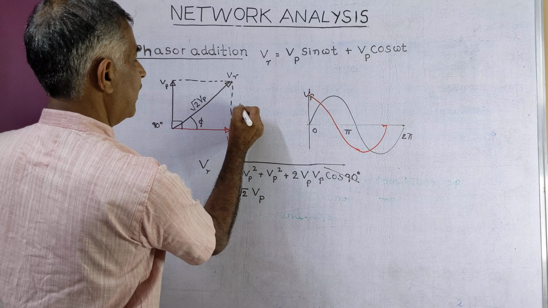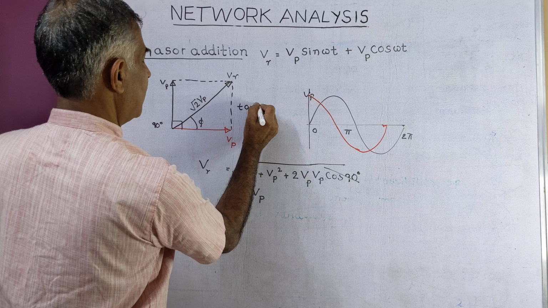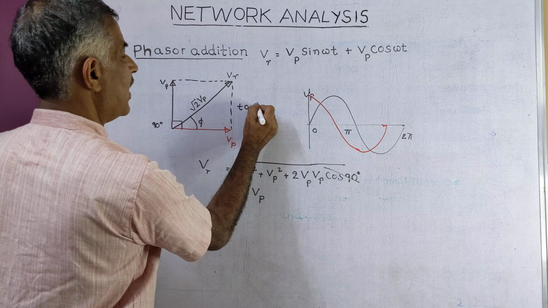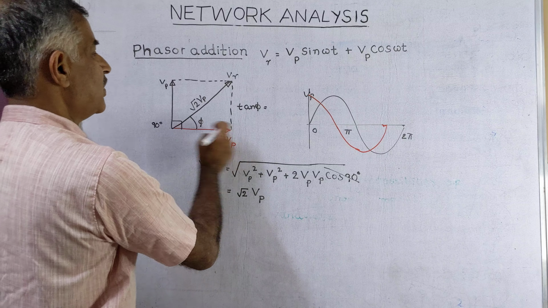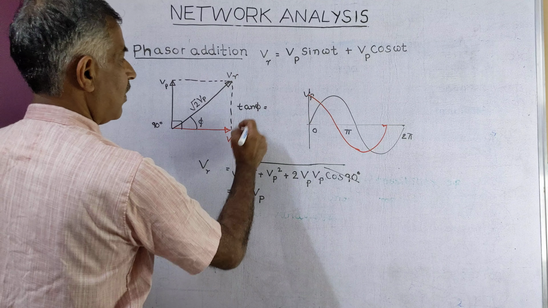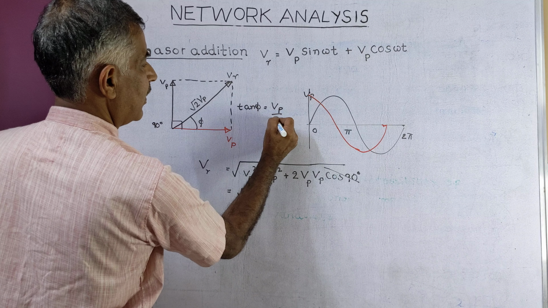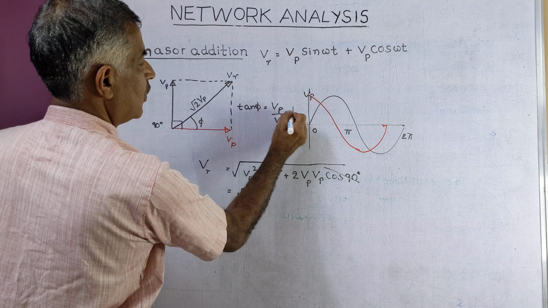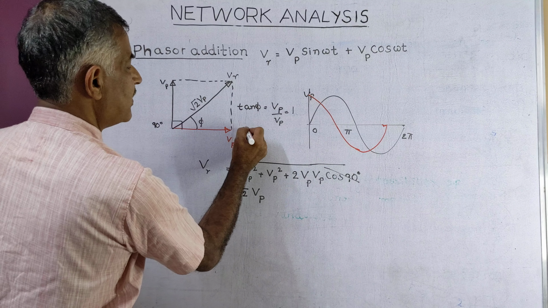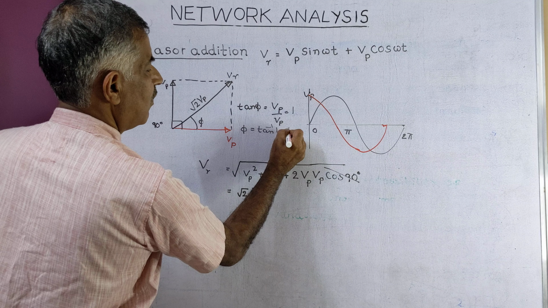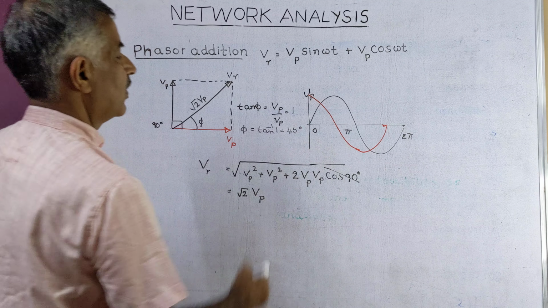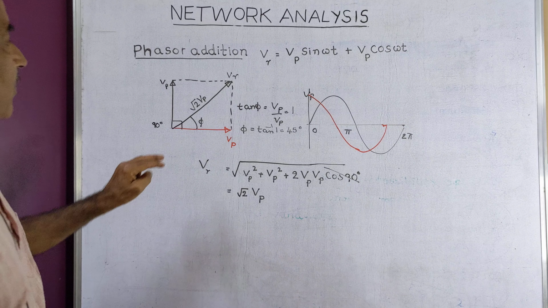What is tan phi? Tan phi is opposite side by adjacent side, that is Vp by Vp, that is 1. So what is phi then? Phi is equal to tan inverse 1, that is 45 degrees.